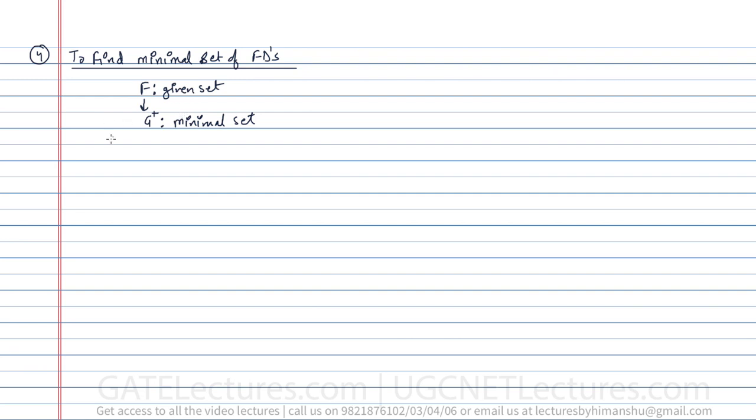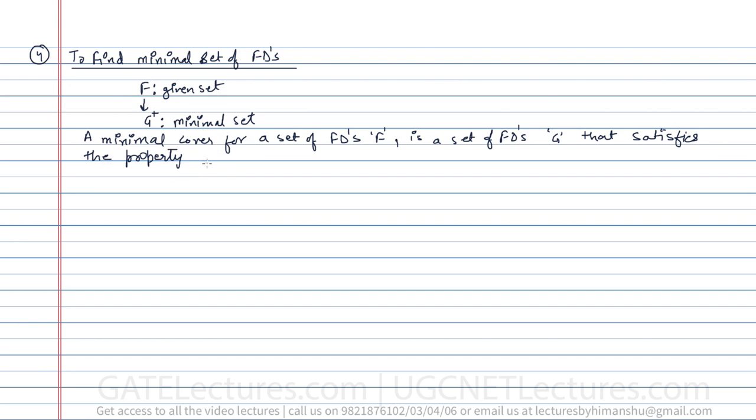Okay, so we can write it down here. A minimal cover for a set of functional dependencies F is a set of functional dependencies G that satisfies the property that every dependency in F is in G, or you can say is in G closure.